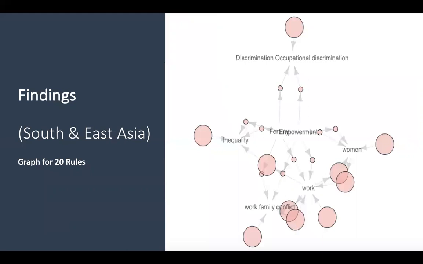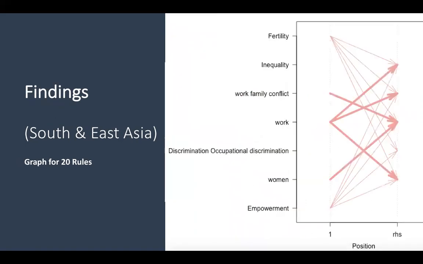When we come to our findings, as I said before, we searched the South and East Asia and Europe and North America regions. When we look at South and East Asia, we have 20 rules. Actually, we have a different visualization; in this figure, you can see these rules much more clearly. These figures tell us that fertility, inequality, work-family conflict, work discrimination, and women empowerment have the highest level of association.